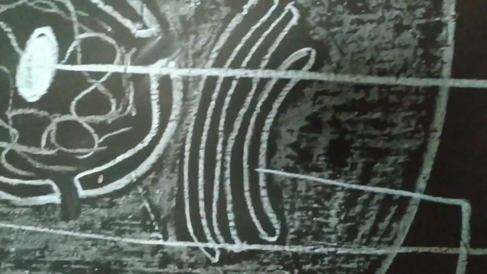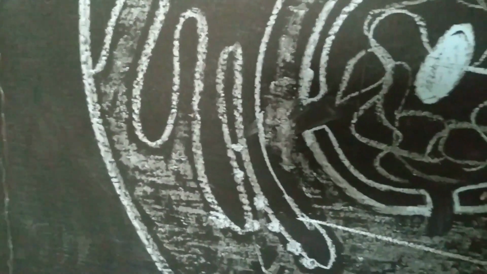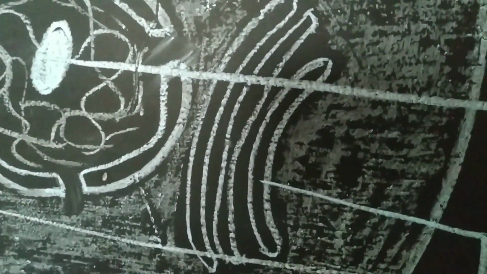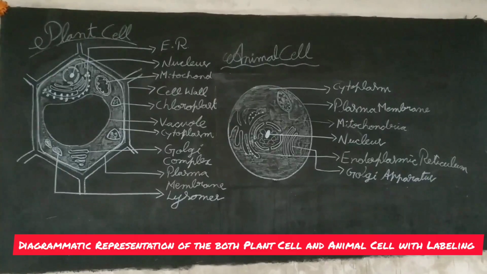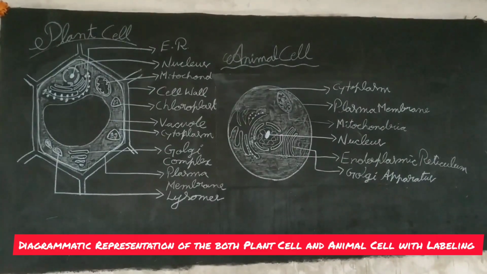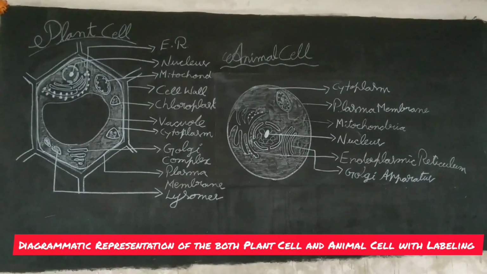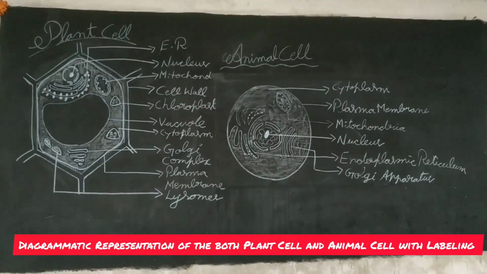Next one is endoplasmic reticulum. And the next one is Golgi apparatus. Now let's see the overall view of both plant cell and animal cell. You can write down, draw the diagram, and you can label the parts in your notebook.